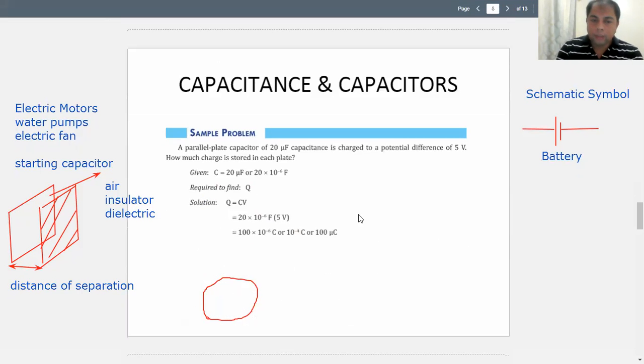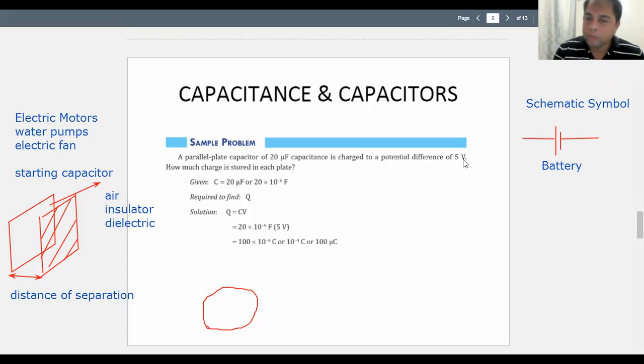Now here's an example of calculating the charge. If you're given a 20 microfarad capacitor and you put it in between a battery that has a potential difference of 5 volts, then we just multiply 20 times 5, or 20 times 10 to the minus 6 times 5.